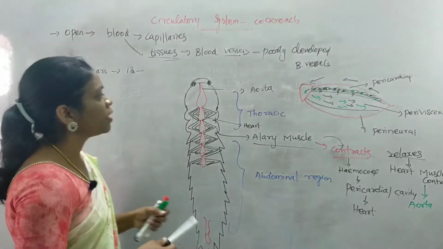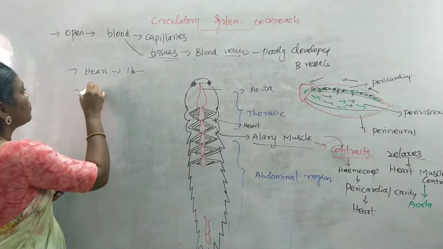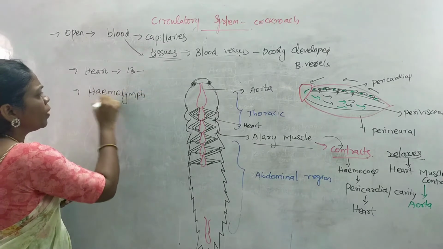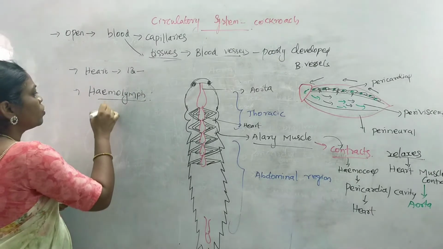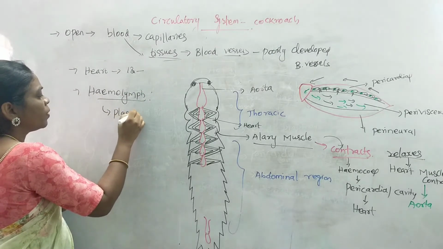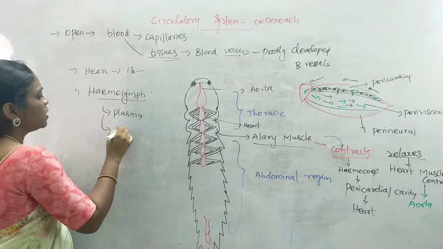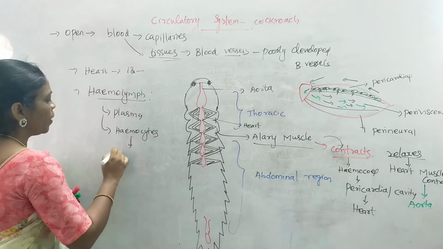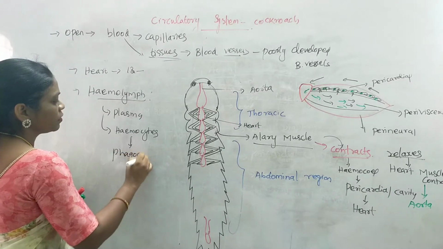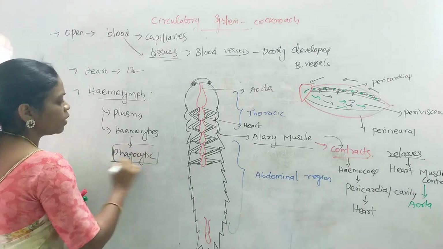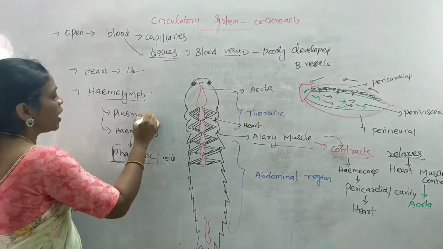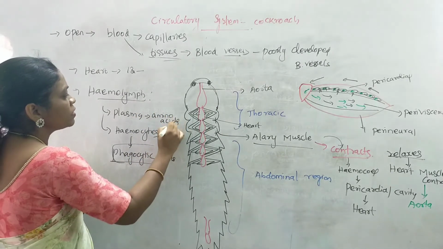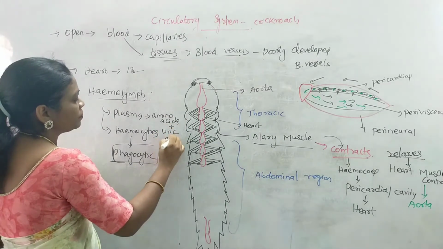Okay, and as we already know, the hemolymph is nothing but the colorless blood present in this group of insects. So the hemolymph contains plasma and also hemocytes. These hemocytes are phagocytic cells. And the plasma is rich in amino acids and it is also rich in uric acid.